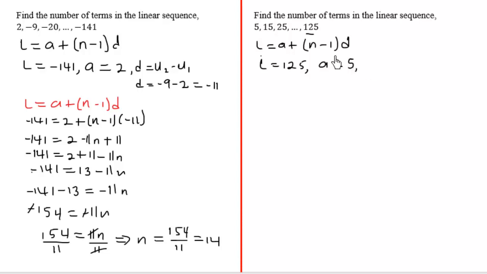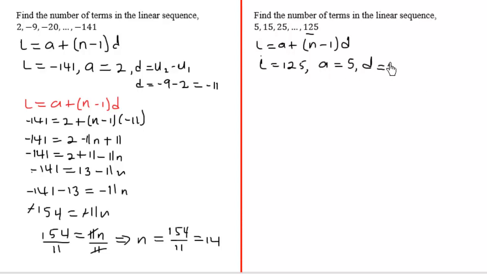And then the common difference. The n is what we are looking for, so we shall come back to it later. So we have to find D, the common difference. Now D can be found between the first term and the second term, or the second term and the third term. There's no difference.